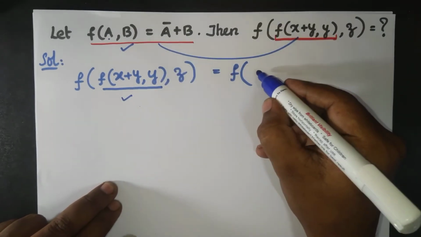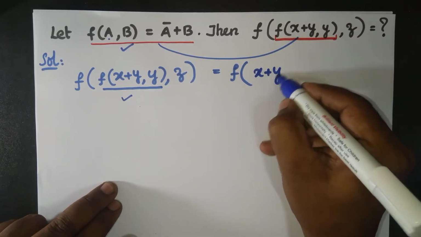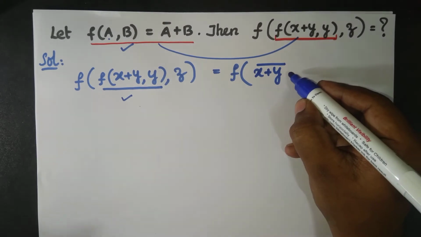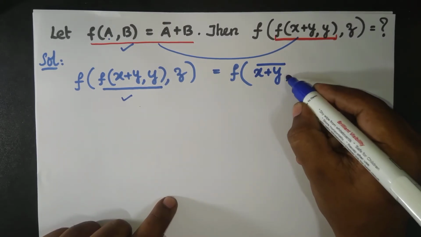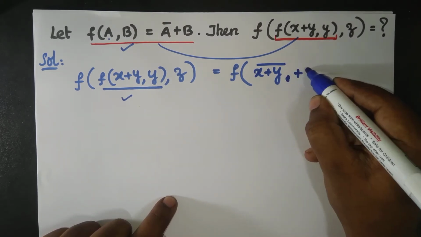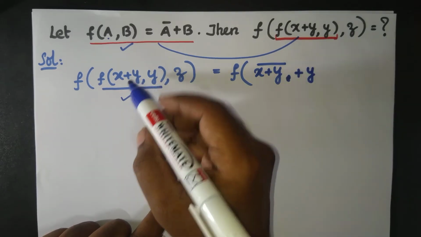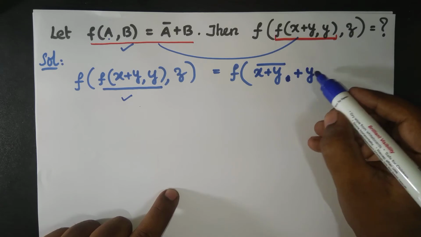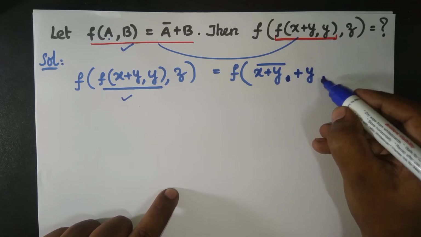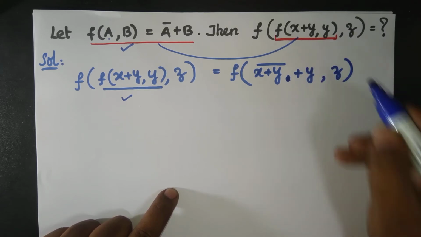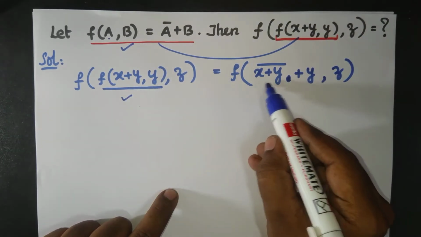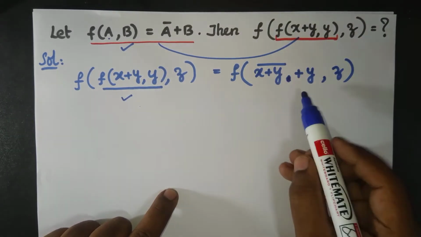Therefore we get x plus y complement, where this is a and this is y. So f of x plus y complement or y, now comma z. This one we replaced with x or y all complement or y.